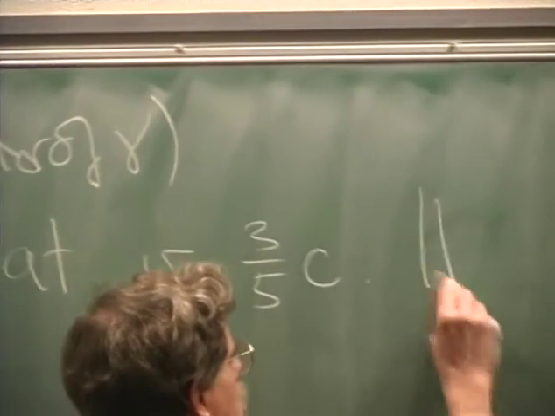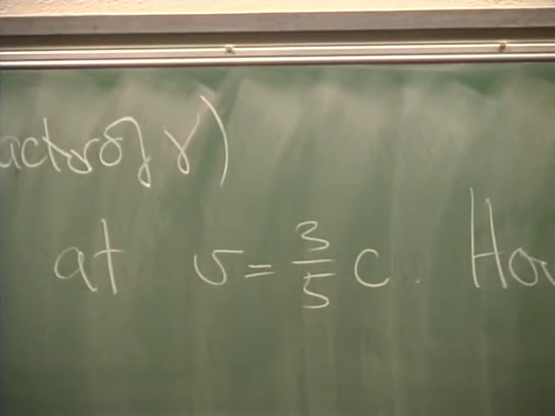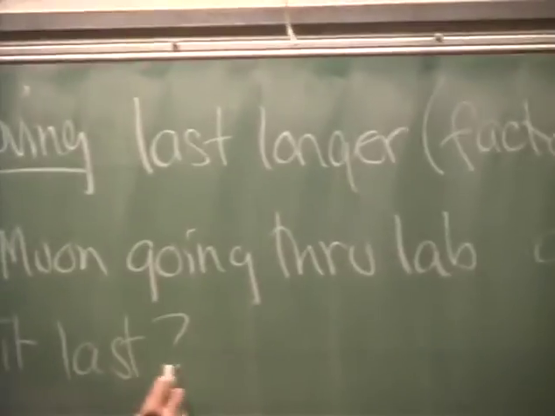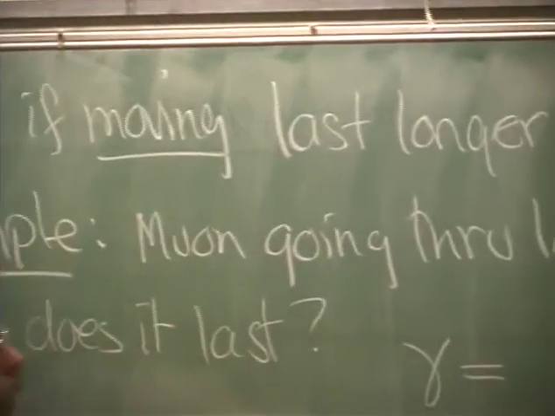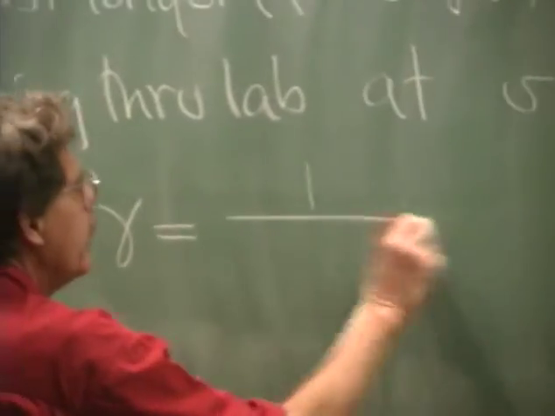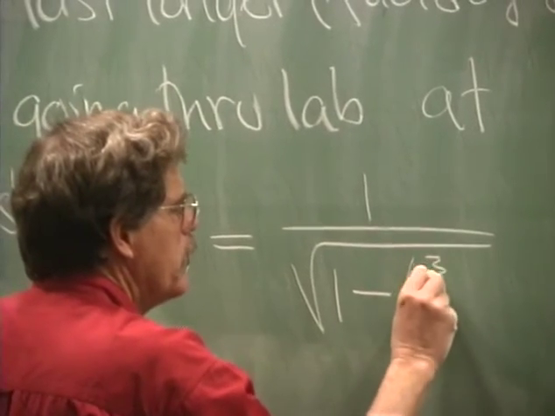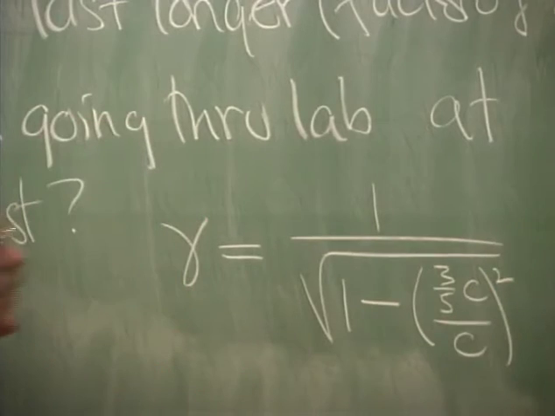How long does it last? Well, I can figure out what gamma is for such a muon. Gamma is 1 over the square root of 1 minus (v over c) squared, with v equal to 3/5 c.